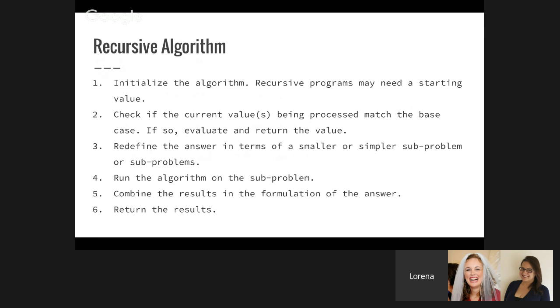Step four, you implement those instructions, which basically means going back to step two and step three, and you keep repeating that until you hit your base case. Step five, once you've solved all the subproblems, you combine the results of all the subproblems to get to step six, return the final result of your problem.